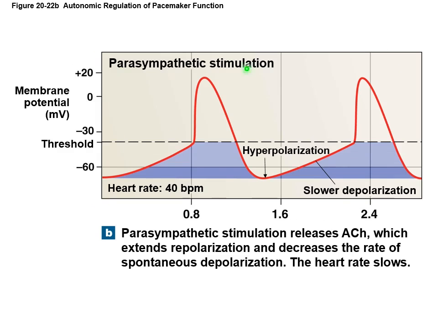So first of all, parasympathetic stimulation. If you have the parasympathetic nervous system innervating the SA and AV node, and that's through acetylcholine, that will extend the repolarization phase and decrease the rate of spontaneous depolarization. That means this slope here, this is the repolarization phase, will be longer, and it'll just take a longer time to get back down to baseline. You'll also drop lower. The baseline will be lower, so you'll be farther away from the threshold. And then this slope of the spontaneous depolarization phase will also be slower as well.